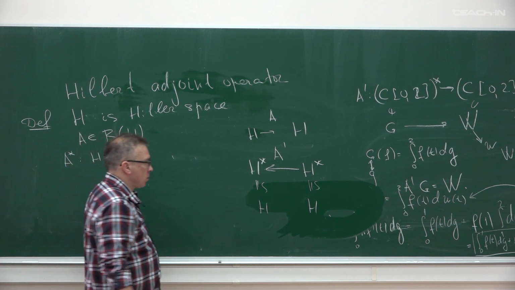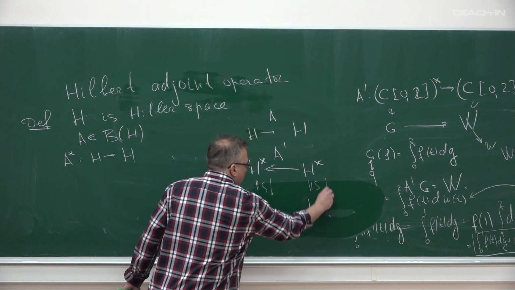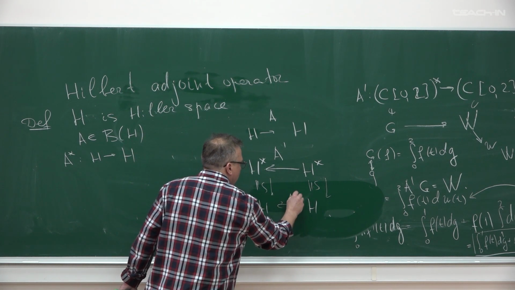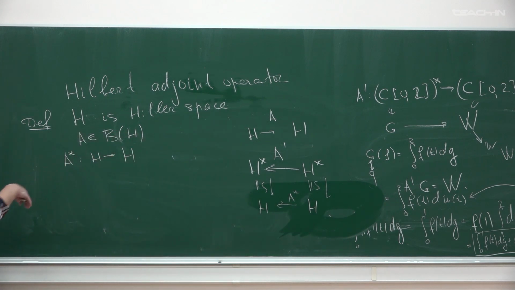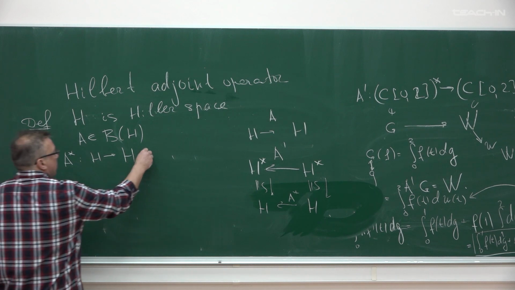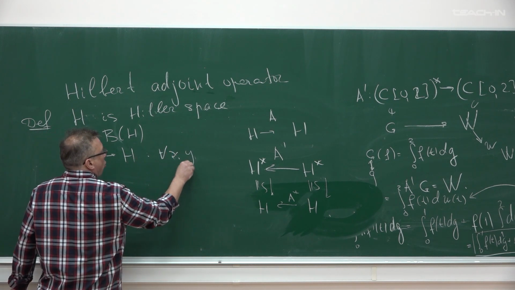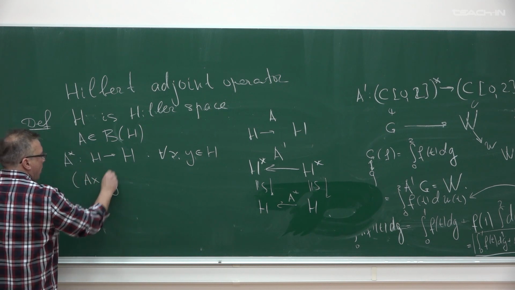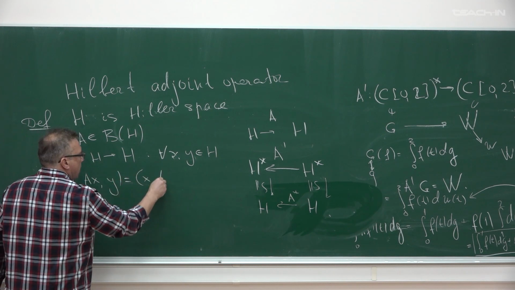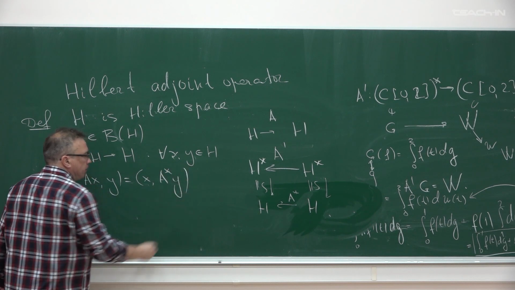You construct the isomorphism and you obtain the adjoint operator here. But I defined it in another way, a way more usual for linear algebra: such that for any x, y from H, (Ax, y) equals (x, A star y).